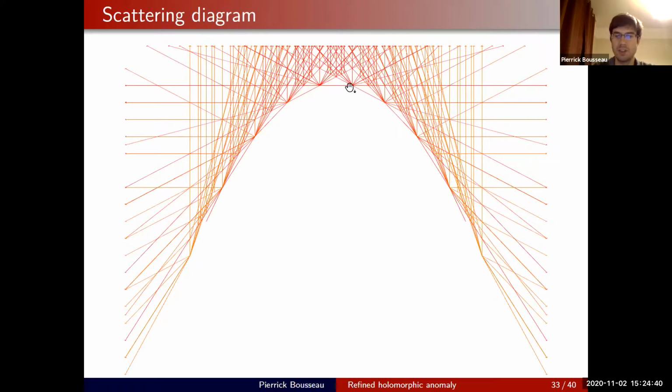You just have simple initial rays, and each time they meet, you apply some explicit wall-crossing formula, and you can compute things. Except in general, this picture becomes very complicated, and it's not clear how much you can compute and how useful it is. In my story, just knowing that this algorithm exists is enough for me to translate from one geometry, the geometry of sheaves, to another geometry, the geometry of open holomorphic curves. But just as a computational tool in low degree, you can do that much more generally.